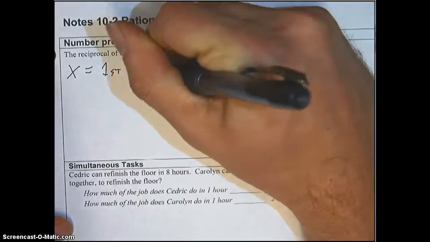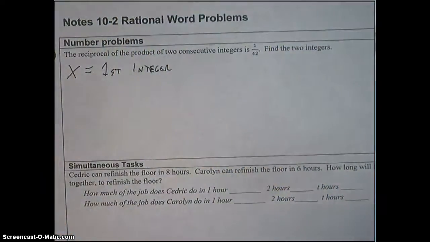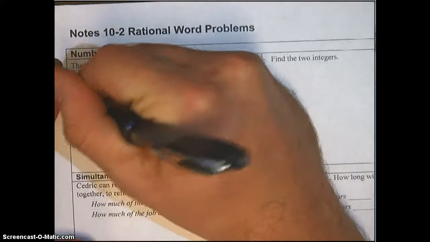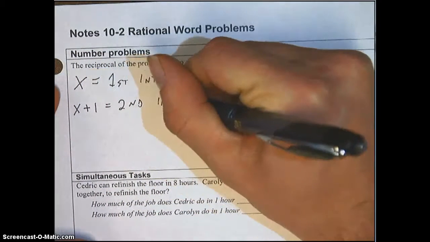Of course, an integer is just like a whole number, 1, 2, 3, 4, but it could also be 0 or -1. Now we're talking about consecutive integers, so that means integers that are right next door to each other. So if I've got one integer, the one consecutive to it is x plus 1. So that'd be my second integer.